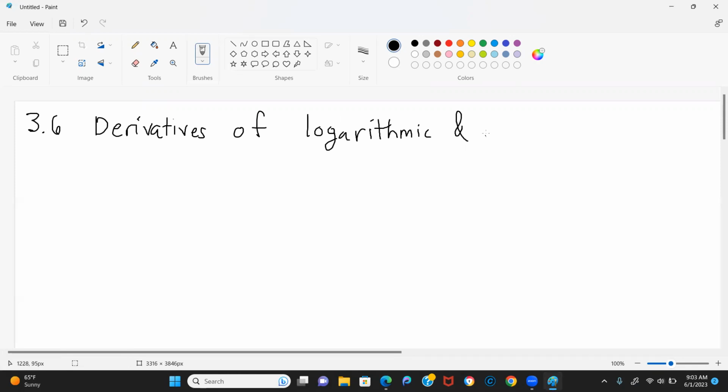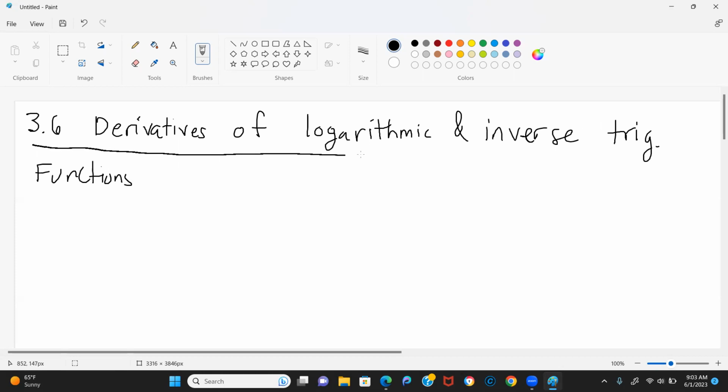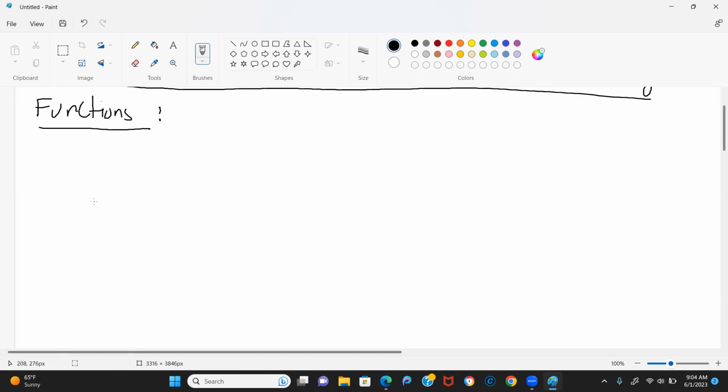So logarithmic and inverse trig functions. So we're going to look at just differentiating inverse trig or inverse functions more generally.